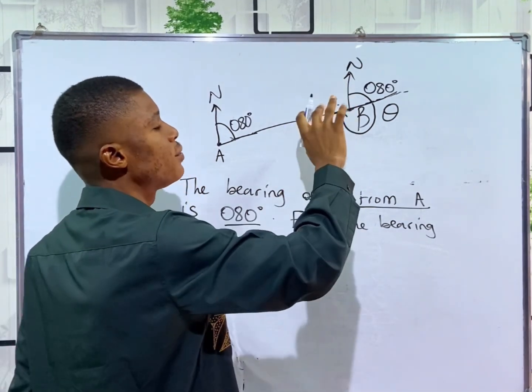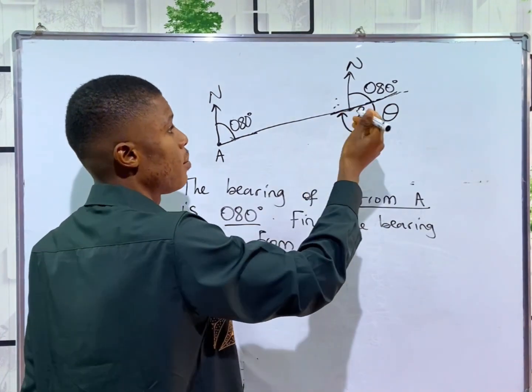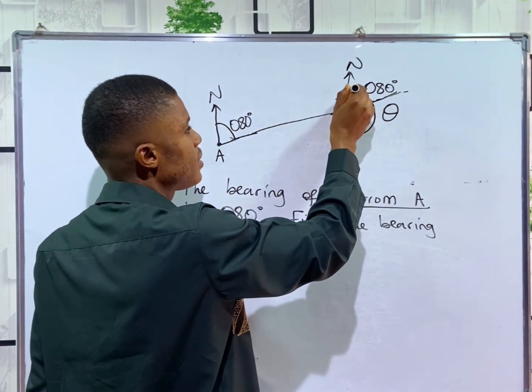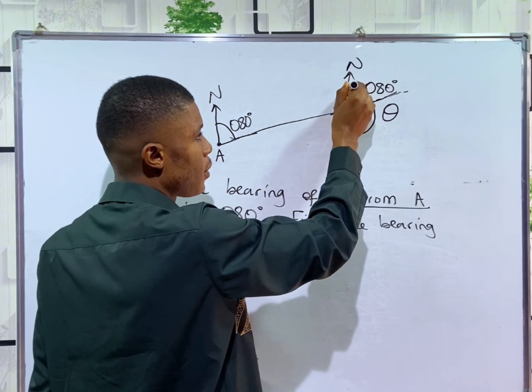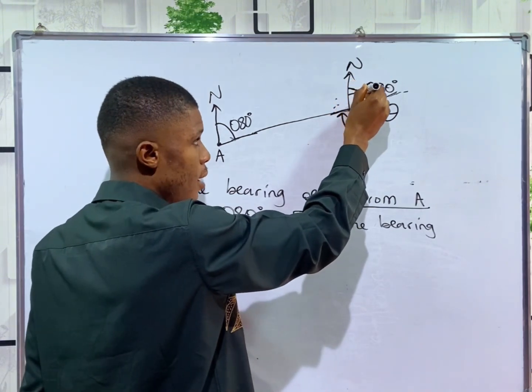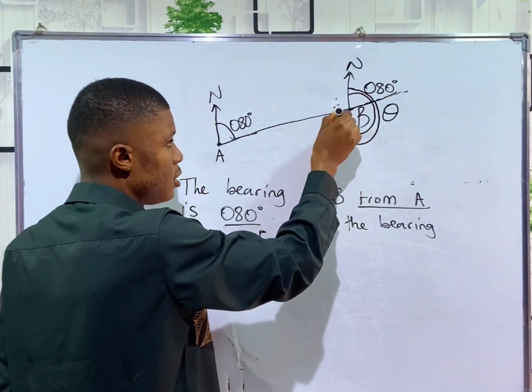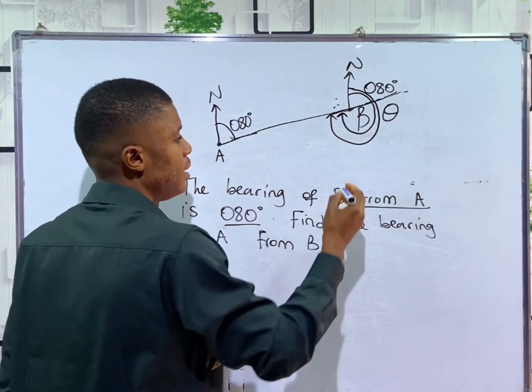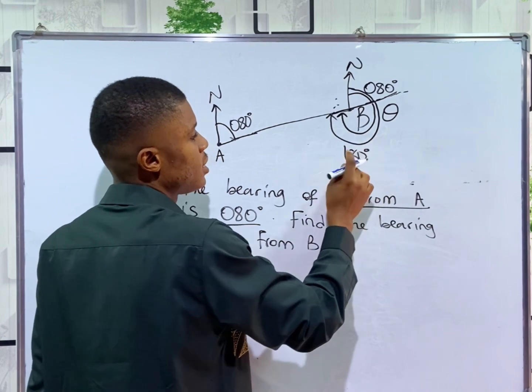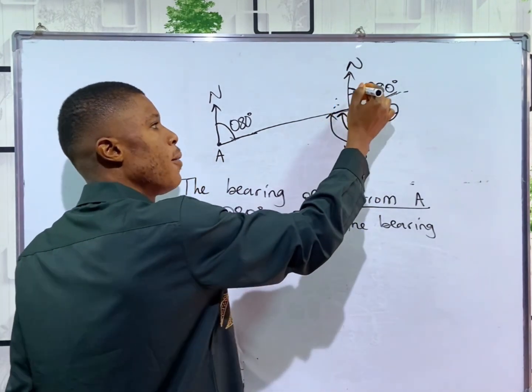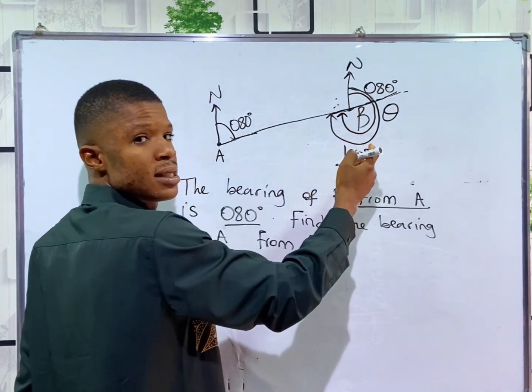So since we are moving in a clockwise direction from the North Pole, the angle marked is from this North Pole, then plus 80 degrees, and then the whole 180 till you get to this point. That is 180 degrees, which is the angle on this straight line, plus the initial 80 degrees we have moved.